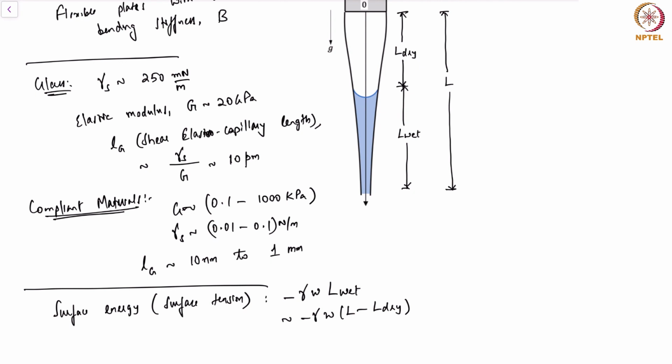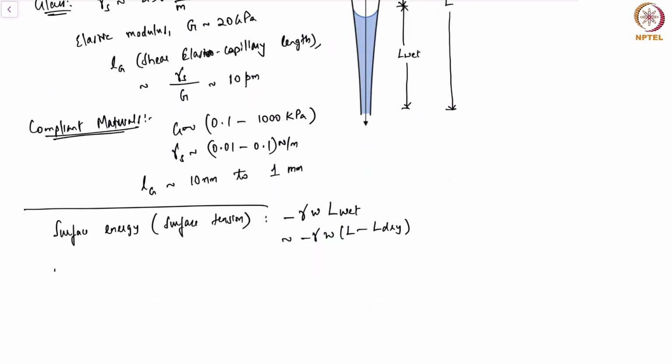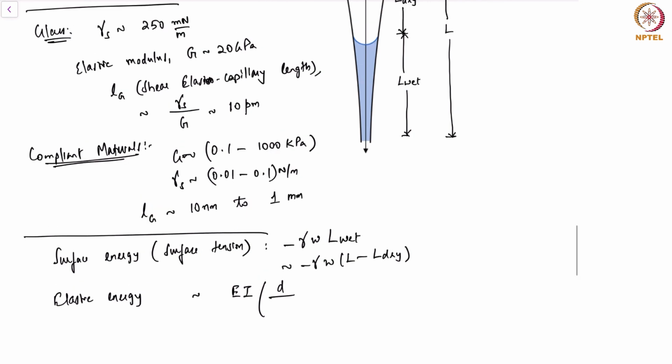And what about the elastic energy? Elastic energy would be EI, where the elastic modulus is E, times W squared by L dry cubed.